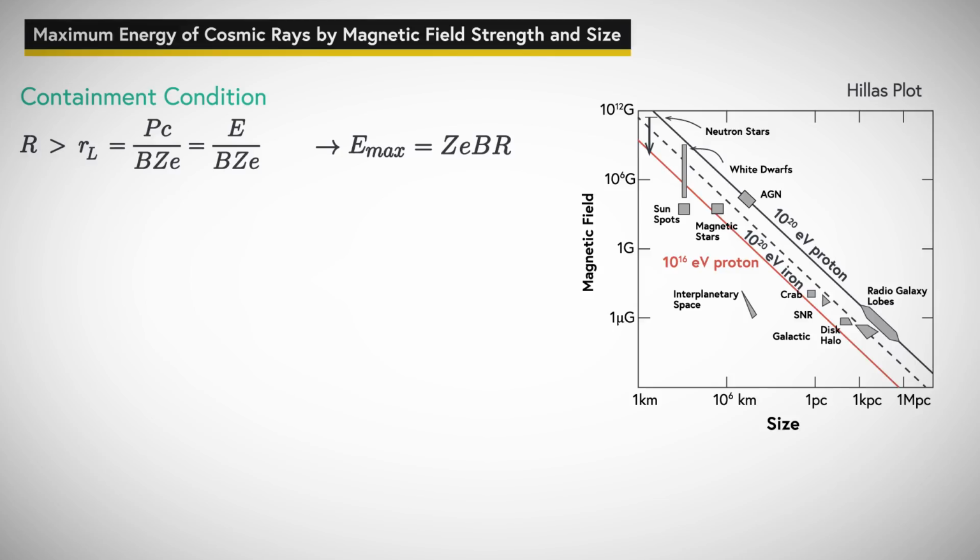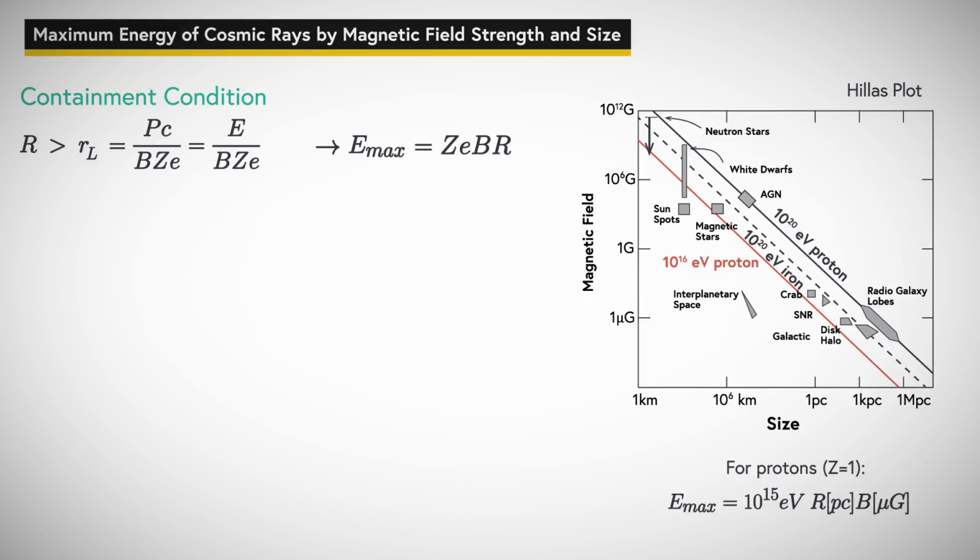The Hillas plot shows the relation between the magnetic field strength and the size of various astronomical objects. E_max can be calculated using a normalization of size in parsecs, pc, and magnetic field in microgauss, μG, as shown in this formula. In the Hillas plot, the lines represent the maximum energy given by this formula.